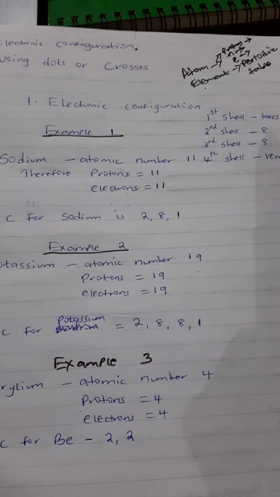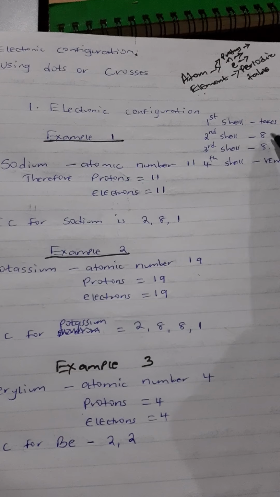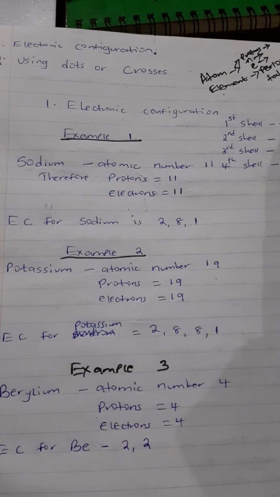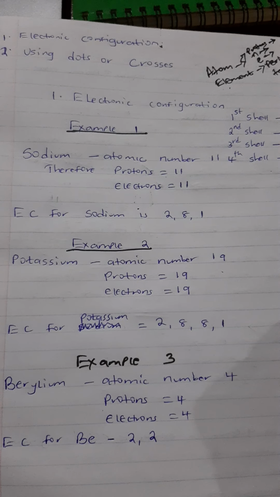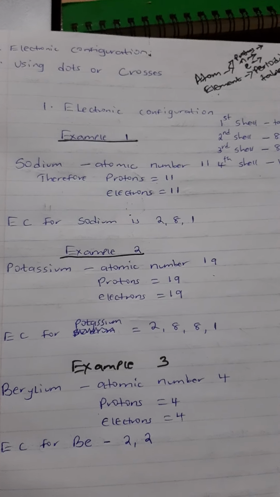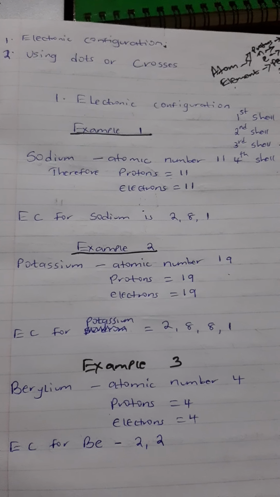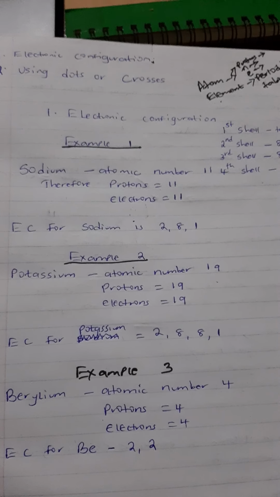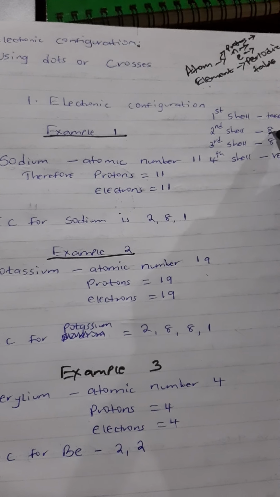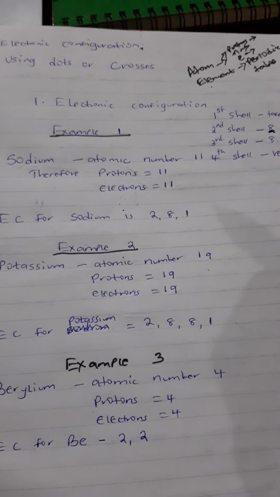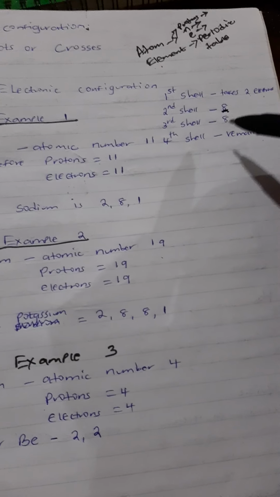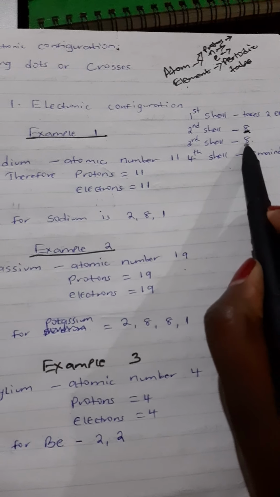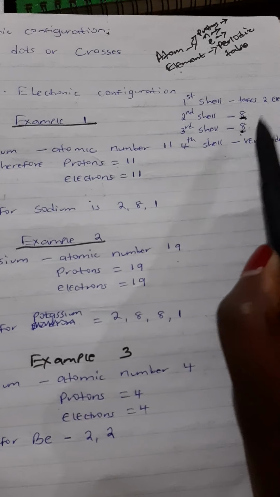So if an atom has 6 electrons, if you put 2 electrons in the first shell, then you only have 4 electrons remaining, so you put the 4 electrons in the second shell. So 8 is the maximum number of electrons that you can put in that shell, meaning that you can have fewer electrons. The third shell, the maximum is 8, meaning you can have less than 8.